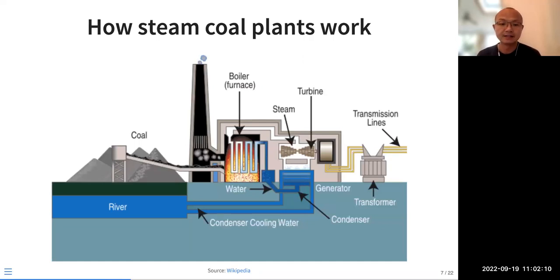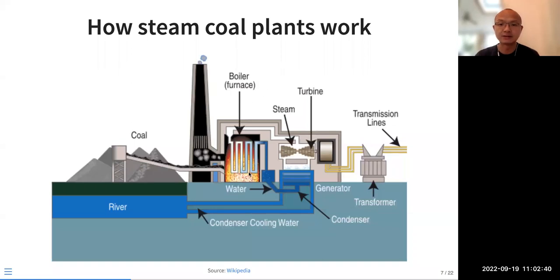This is a typical steam coal power plant, and from the flow, it will help us to understand how the power plant works. So there's a coal pile here, right? At first, it transits through the belt to the boiler or furnace.